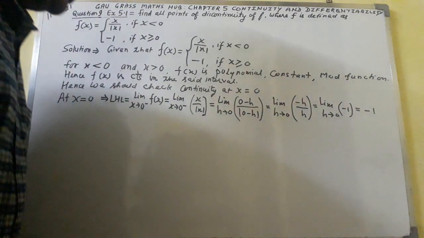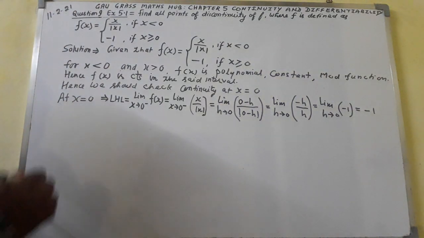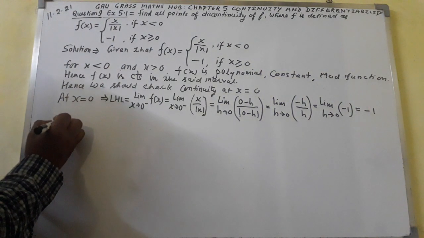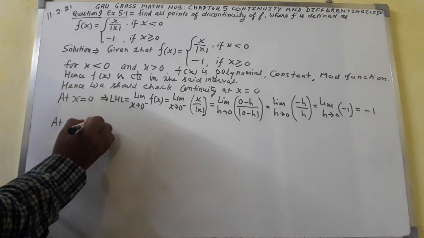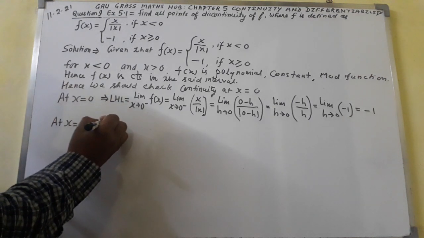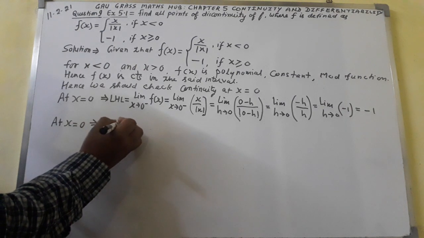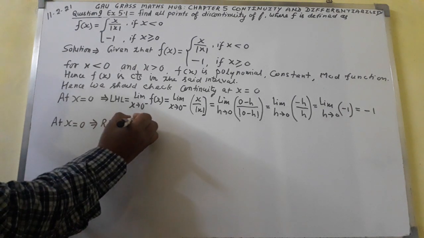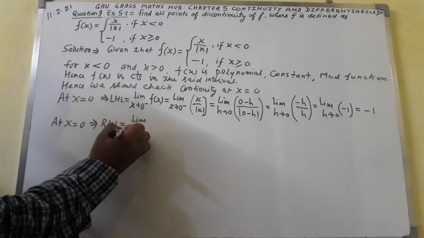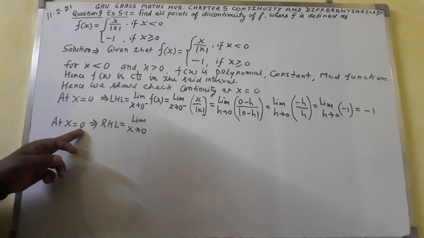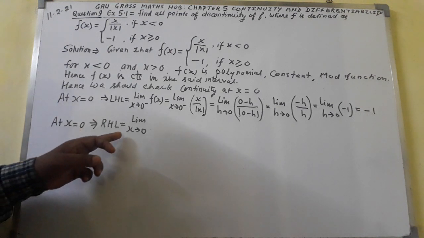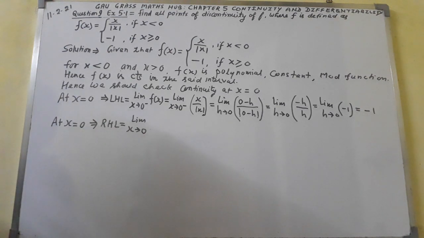And also let us see at x equal to 0, the right hand limit equal to lim x tends 0 positive f of x.